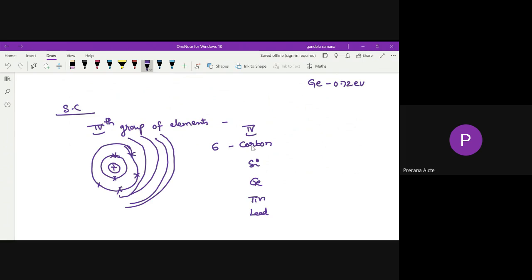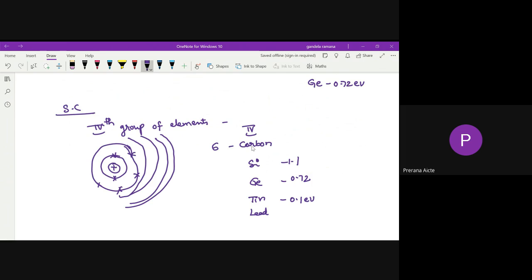What is the energy gap for these? Silicon is 1.1 electron volts, germanium is 0.72 electron volts, and tin is 0.1 electron volts.